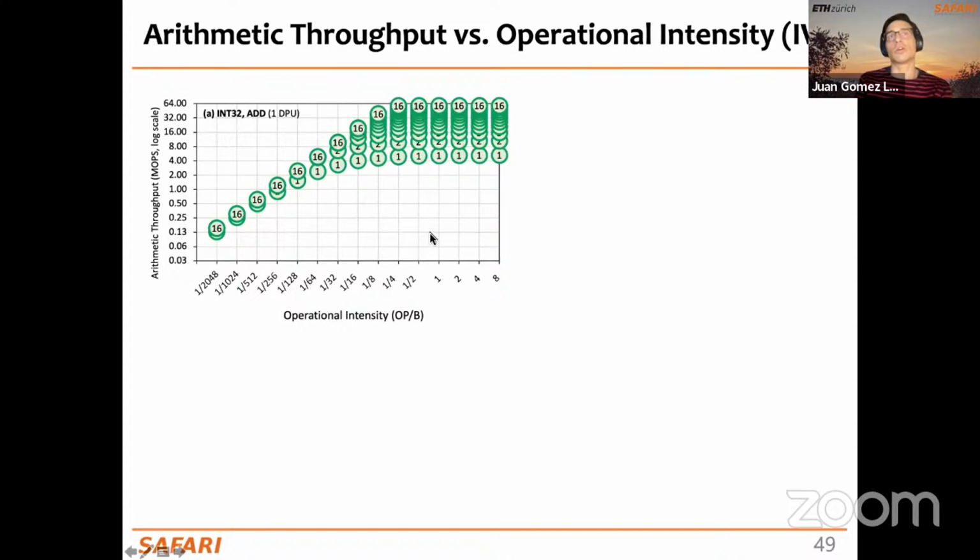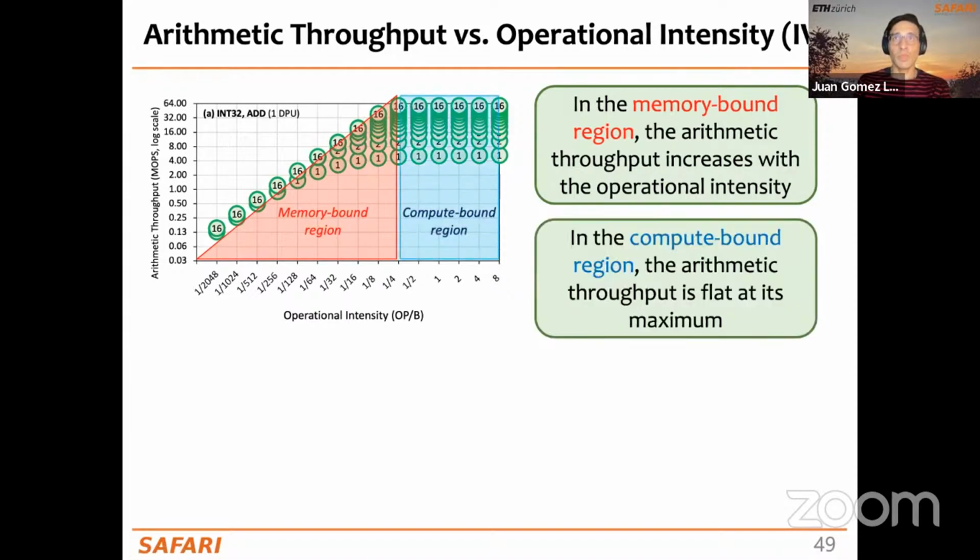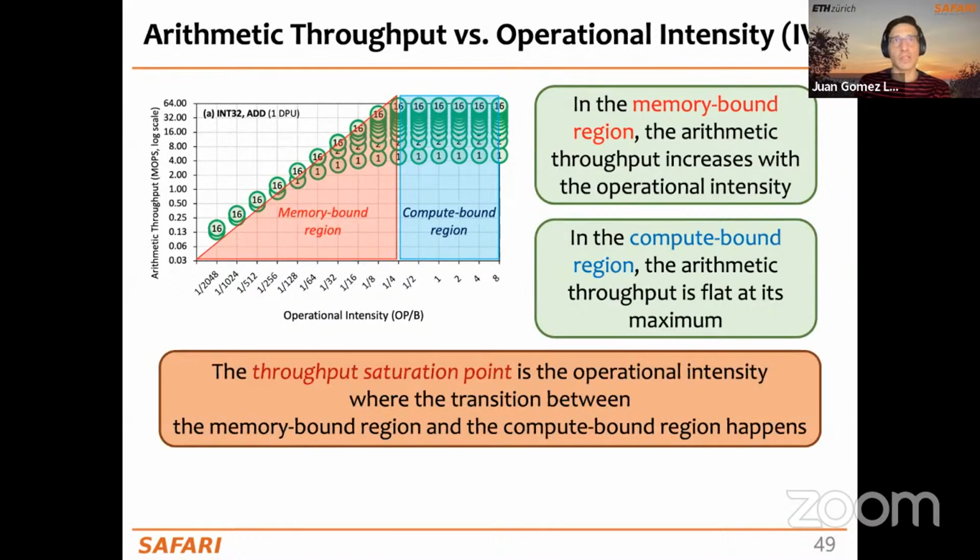And these are the results for higher operational intensity. So here we can differentiate between the memory bound region, where the arithmetic throughput increases with the operational intensity and the saturation of the arithmetic throughput happens with less than 11 tasklets, and the compute bound region, where the arithmetic throughput is flat at its maximum and the throughput saturates at 11 tasklets.